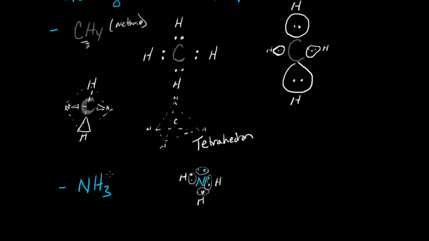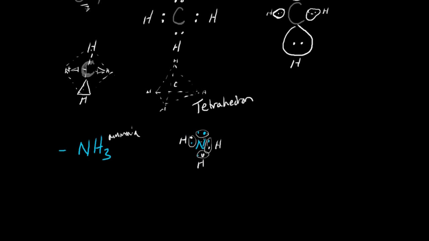This is ammonia. This is going to look very similar. This is going to have our central nitrogen. And it has a lone pair. It's just a pair of electrons that takes up its own space.